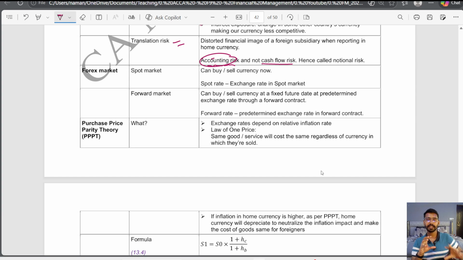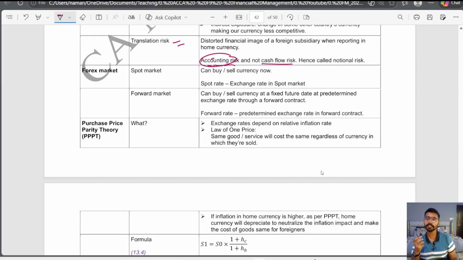In the forward market, you can buy and sell the currency at a future date at a predetermined rate. So you agree the rate of exchange for the future. This is called the forward market, and the forward rate is the rate you decide in the forward contract.